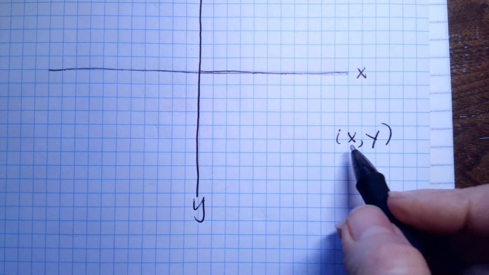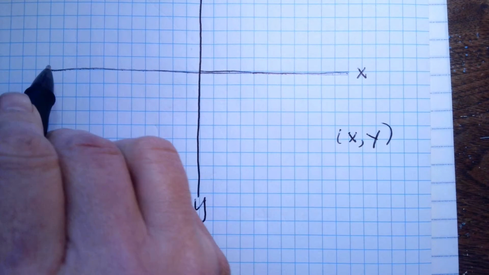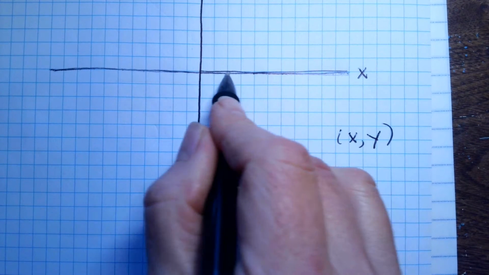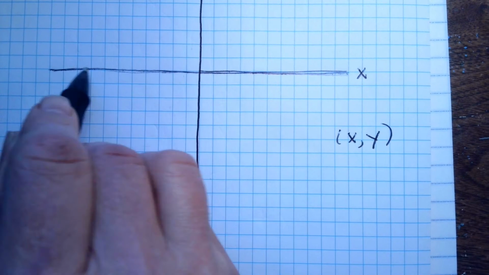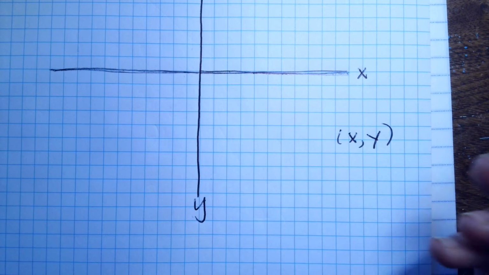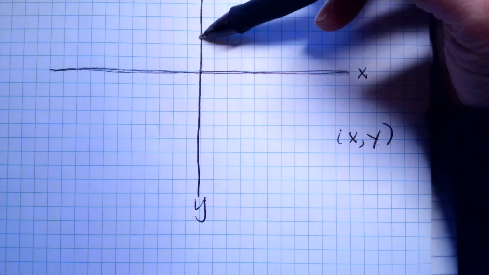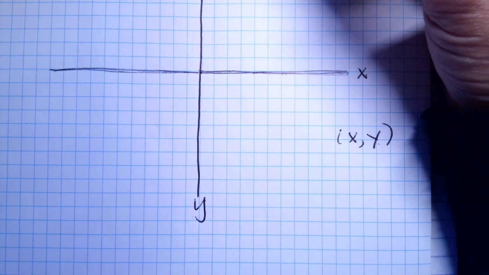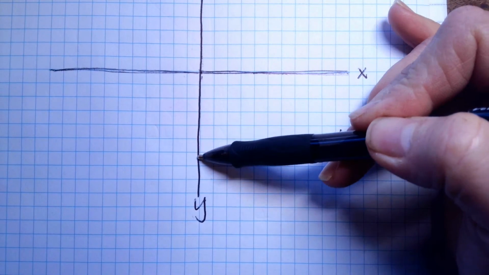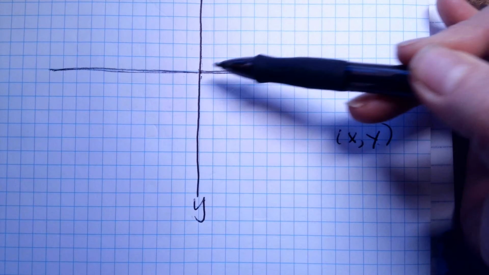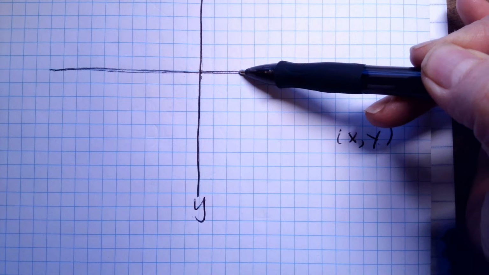Whatever they tell you here is going to go on this line. If it's positive, it's going to go here, and if it's negative, it's going to go here. For the y, if it's positive, it's going to go up here, and if it's negative, it's going to go down here. If it's 0, it's going to go right on the line. So if x is 0, it's going to be on the line somewhere.